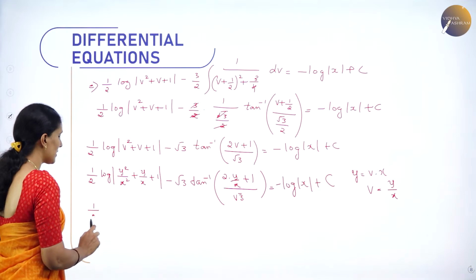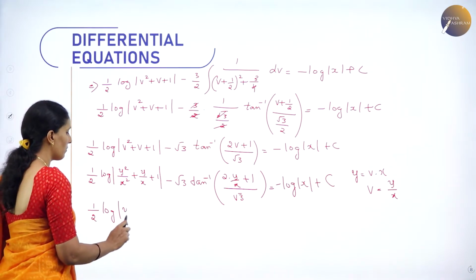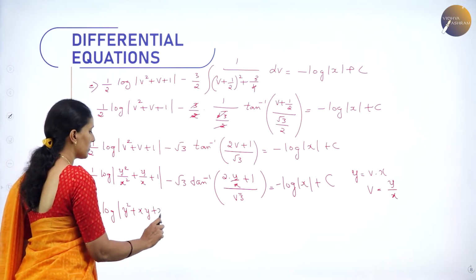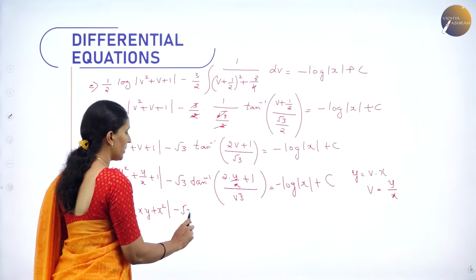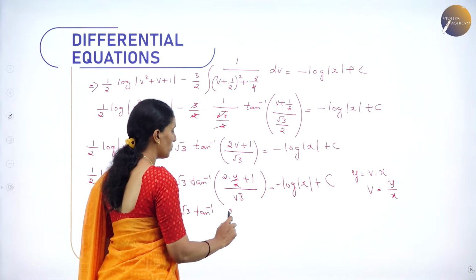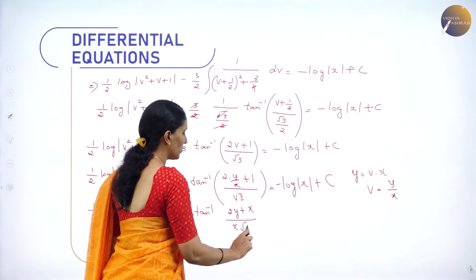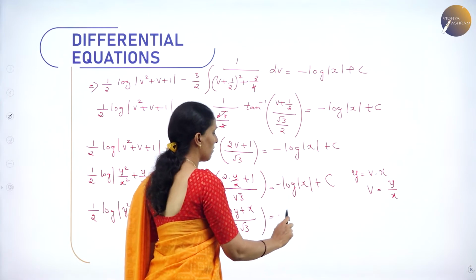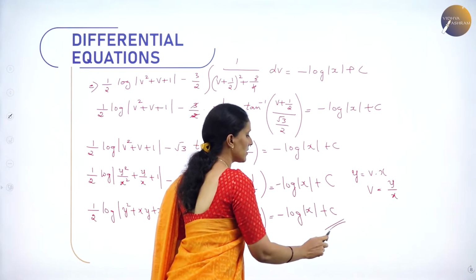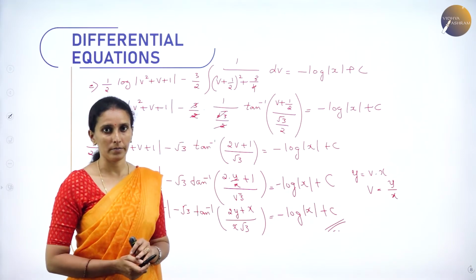So therefore it is half, multiply x square here. So it is y square plus xy plus x square, minus root 3 tan inverse, so here you can write it as 2y plus x divided by x root 3, is equal to minus log mod x plus c. So this is the solution for the given homogeneous differential equation.